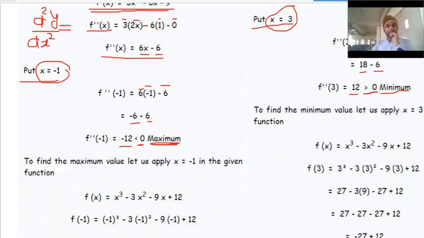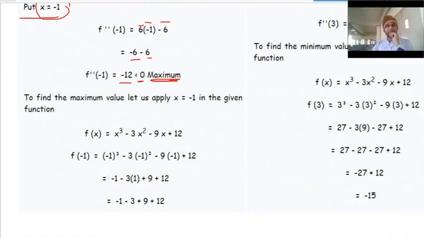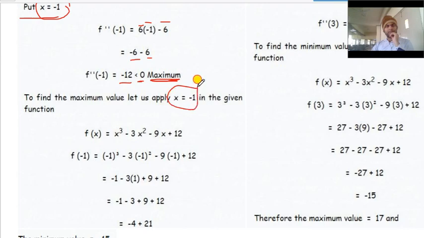Now we start putting these values in the function. So we put x is equal to a in the question that is given to you. f(x) is equal to this. So we put minus 1 cube, x to the power 3, so x is minus 1, minus 1 to the power 3. Minus 3x square means minus 1 square.